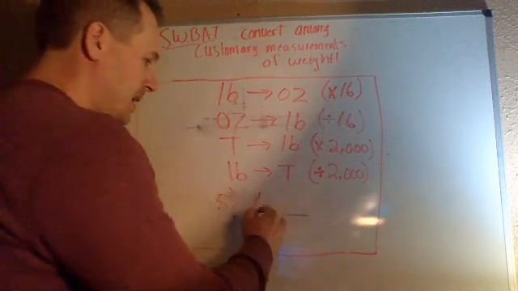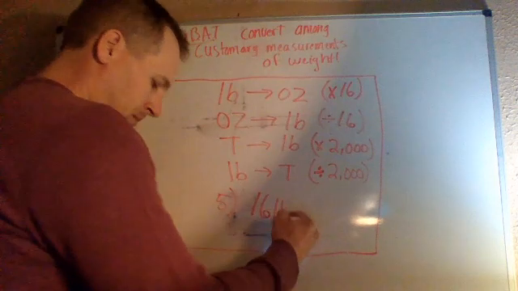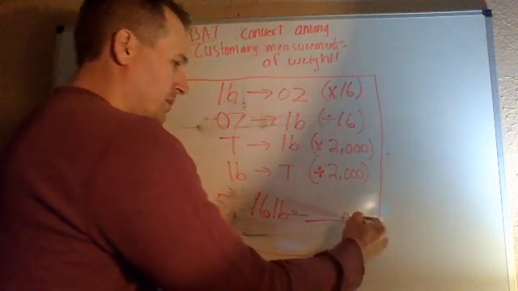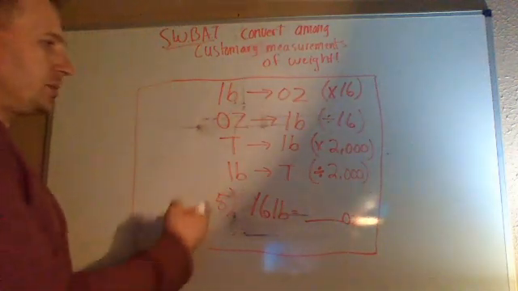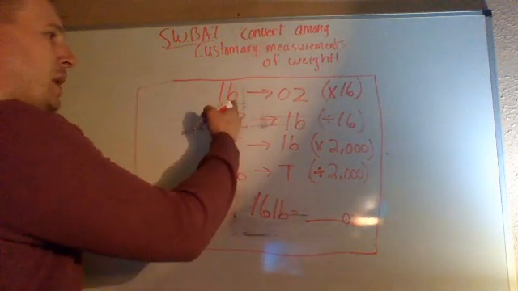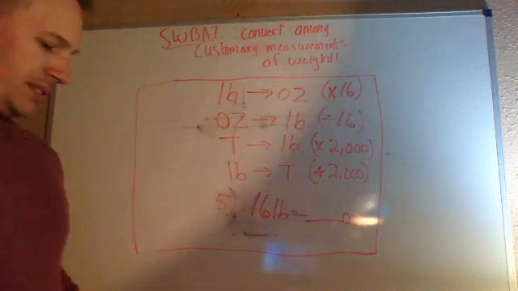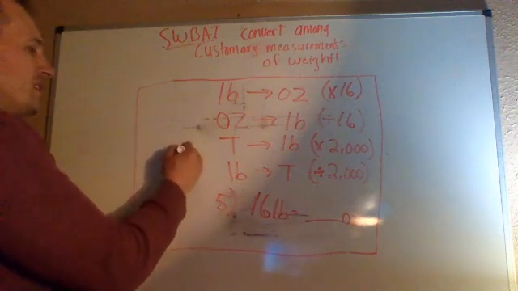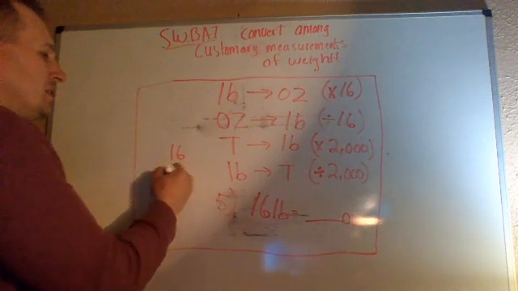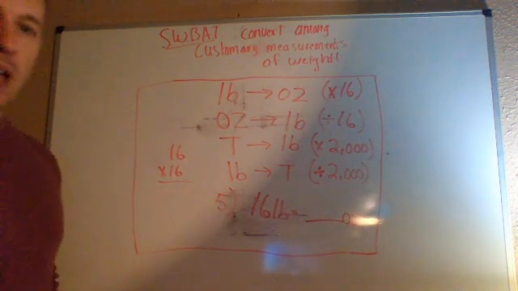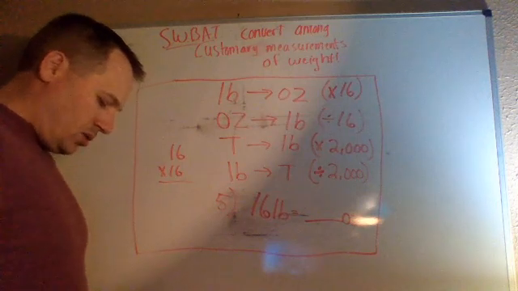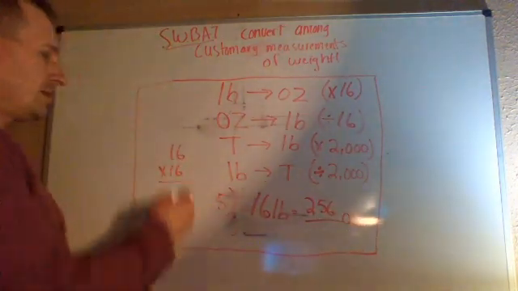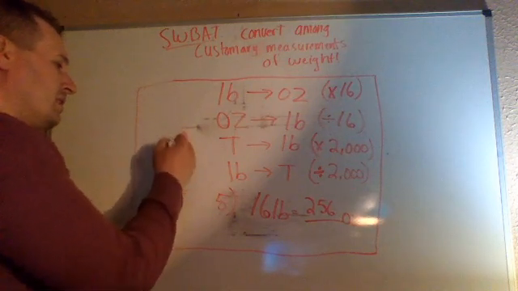All right, so let's take a look at number 5. Let's do a couple more problems here. We have 16 pounds, and we're trying to go to ounces. 16 pounds to ounces, so you look up here, pounds to ounces up there, times 16. So we take 16 times 16. We do the math, and you end up with 256 ounces. 6 times 6 is 36.